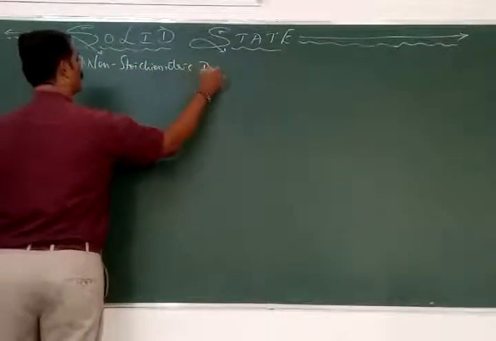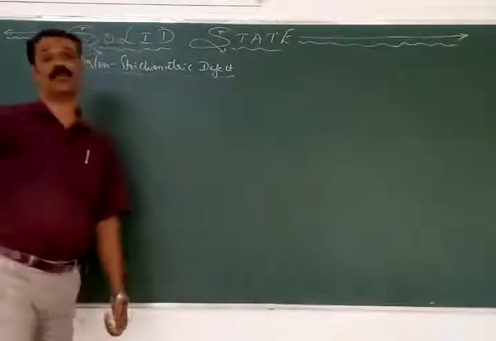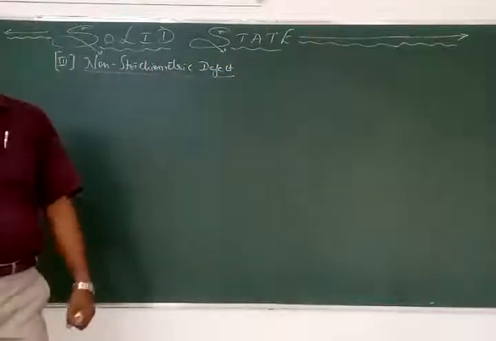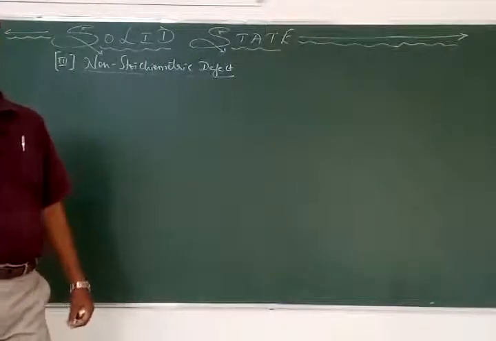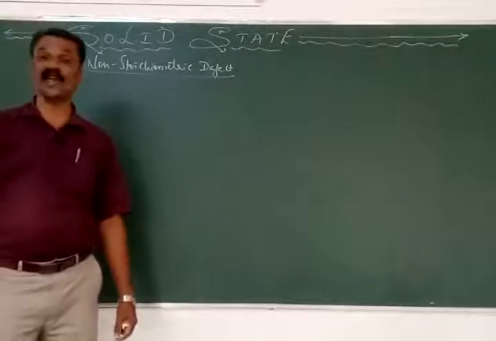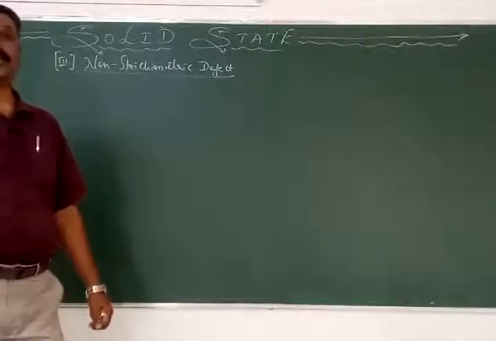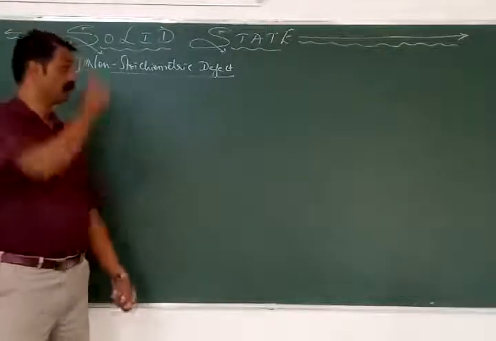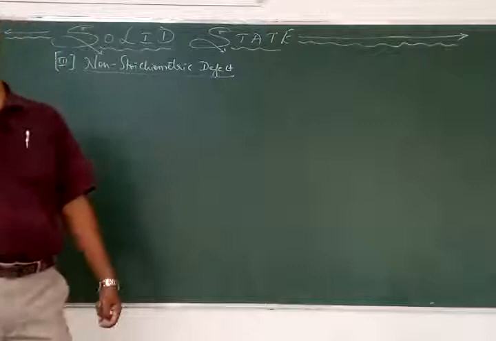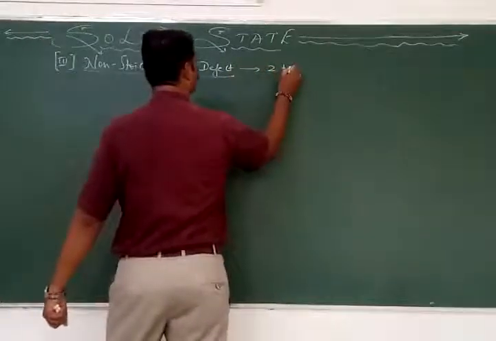Non-stoichiometric defects are also a point defect, due to the non-maintaining of the original chemical composition. The arrangement gets disturbed because of this. That refers to non-stoichiometric. So here these are of two types.